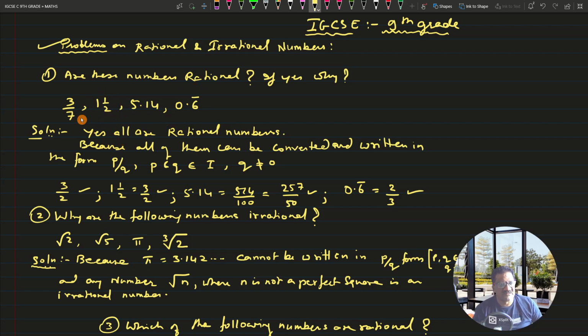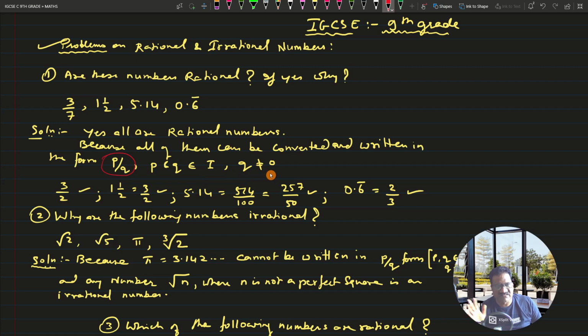All these numbers, 3 upon 7, 1 by 2, that is 1.5, 5.14, and 0.6 bar, all are rational numbers. And the reason is because all these numbers can be converted and written in the form p upon q. So all these numbers somehow you will be able to write in the form of p upon q, where p and q belong to integers, and q will not be equal to 0.